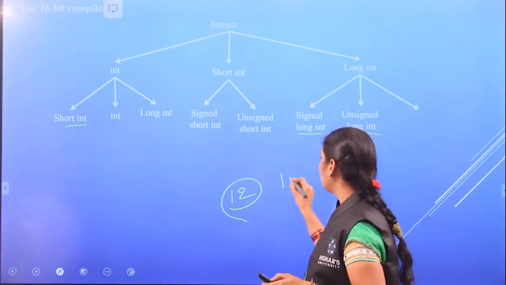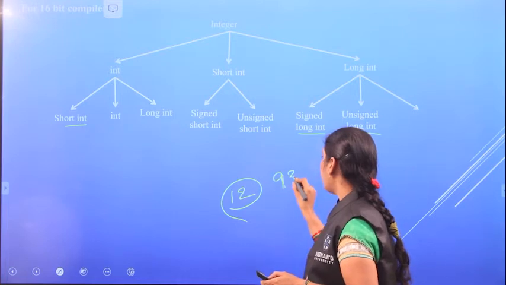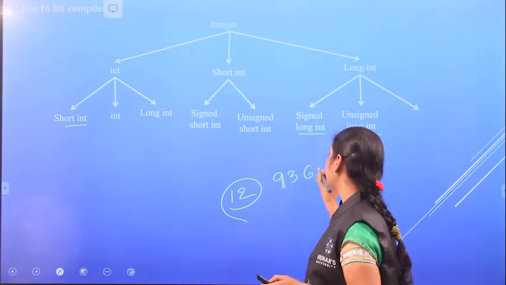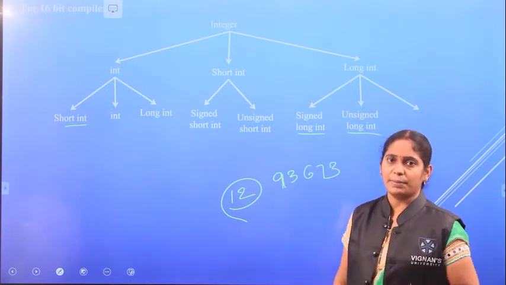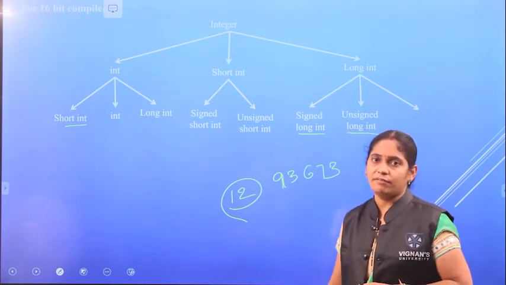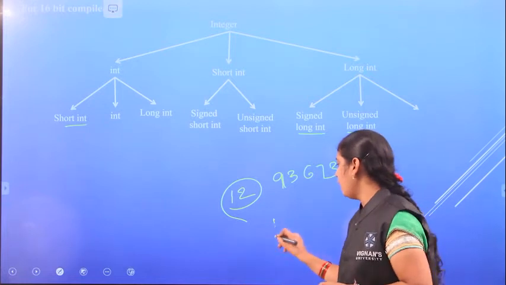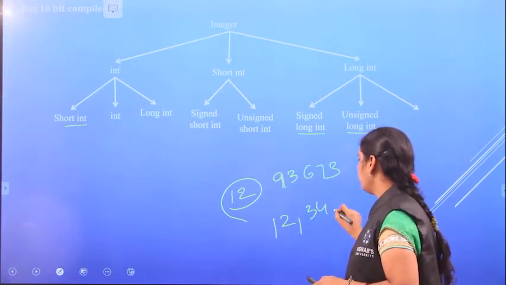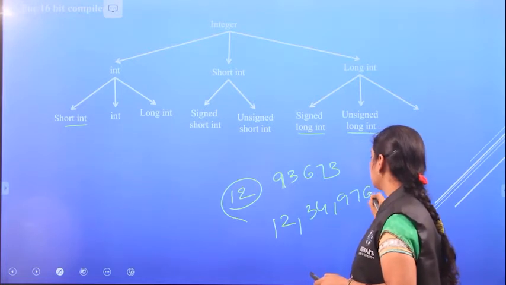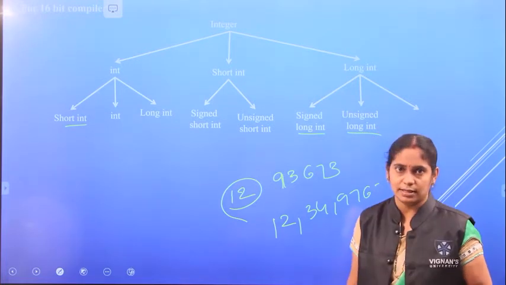If you want to store 93,673, if such a big number we have, then we will move to another type. If we have 1, 2, 3, 4, 9, 7, 6, like this we have another number.